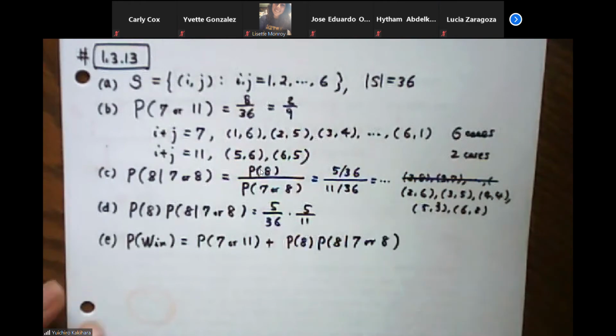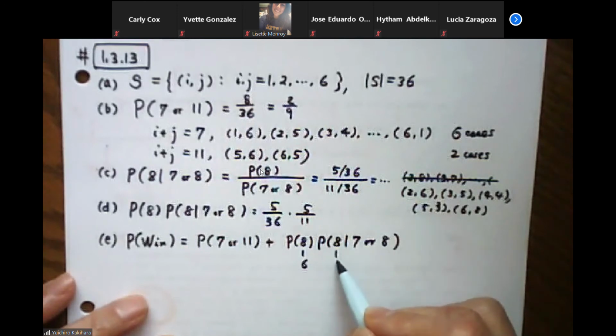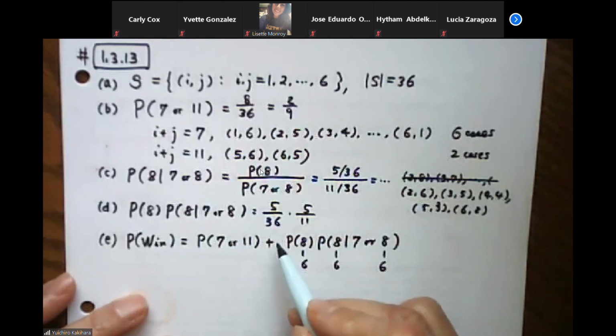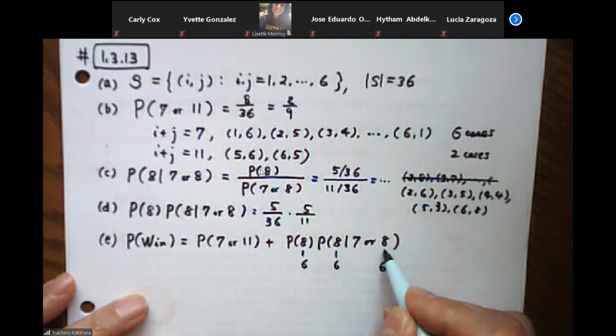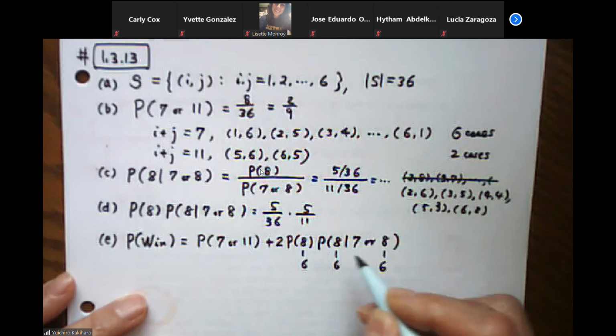Okay, this is the case, and also 8 is replaced by 6. I guess this is replaced by 6, and we have the same probability, so 2 times of this will come. 8 and 8 can be replaced by 6, and then we have 2 times of this guy.